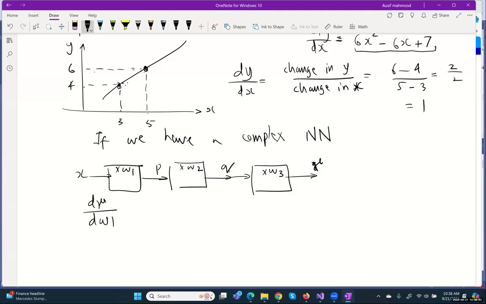Now in math, we use the letter d to indicate the derivative. There's also another way we write it, which is called the partial derivative. Let me quickly refresh your memory. What is the partial derivative?